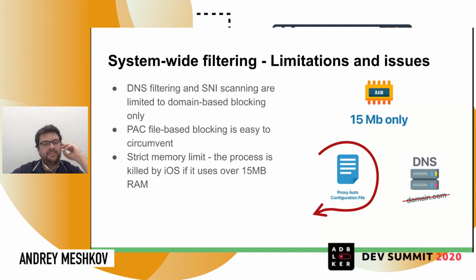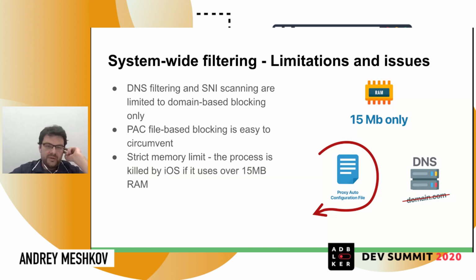As I've said, system-wide filtering is not as widespread as Safari content blocking, and there are reasons for that. First of all, DNS filtering and SNI scanning are limited to domain-based blocking only. It is not necessarily a bad thing, but it is often not enough.